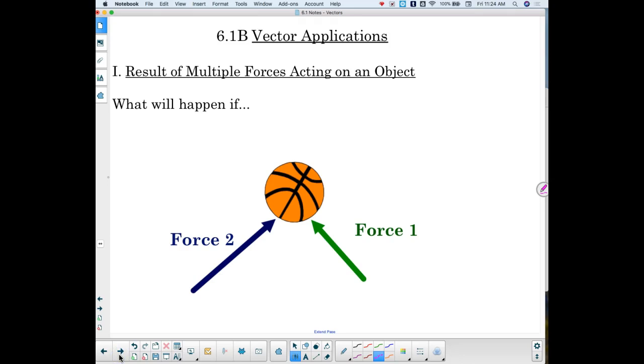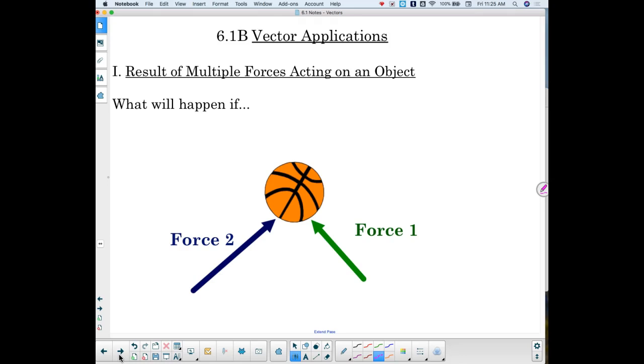Multiple forces. Oh no. So if I got a ball, and I got two forces acting on this ball, what are the options that can happen to this ball?